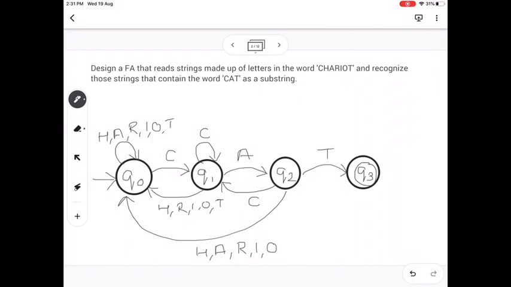And for all characters after I am getting CAT, I remain in my final state. That is C, H, A, R, I, O, T. Okay, so for all characters I am remaining in the same state. So this is the finite automata for recognizing cat as a substring when the input is chariot.